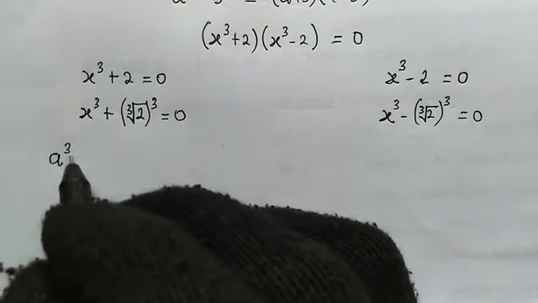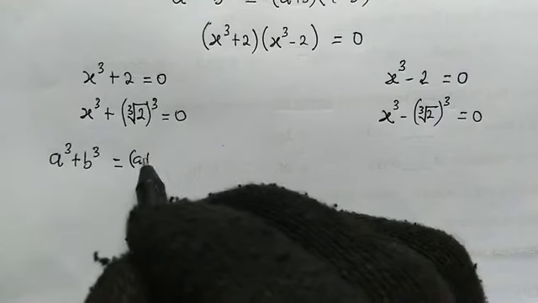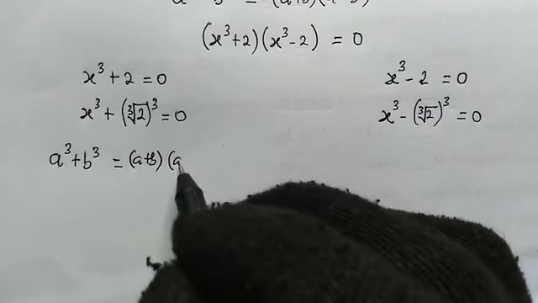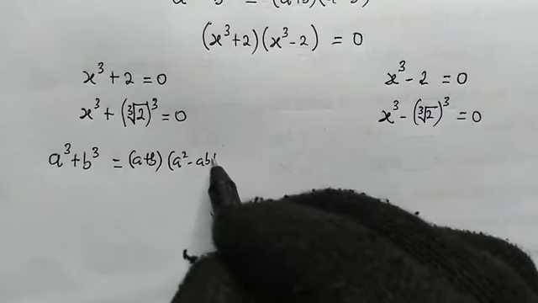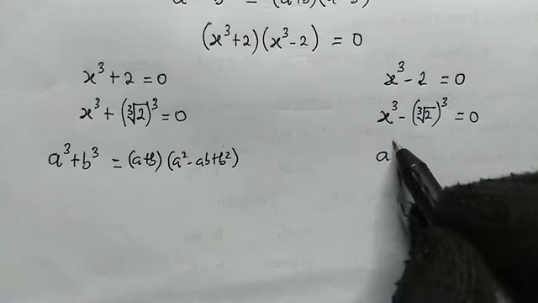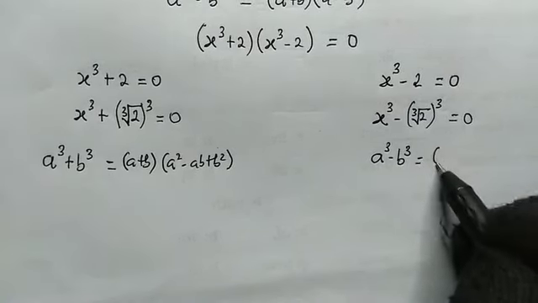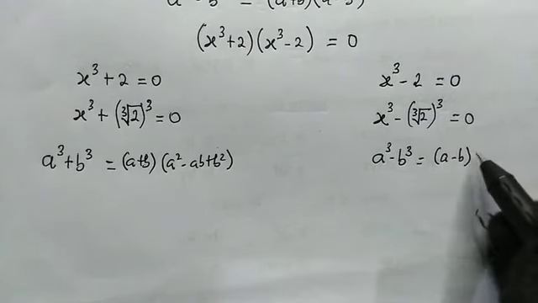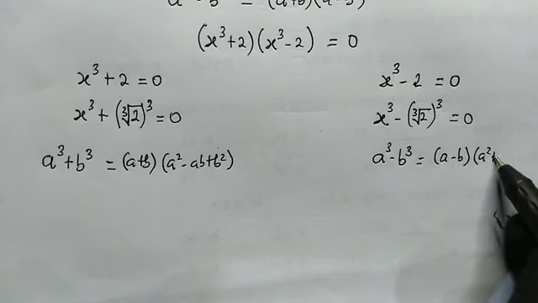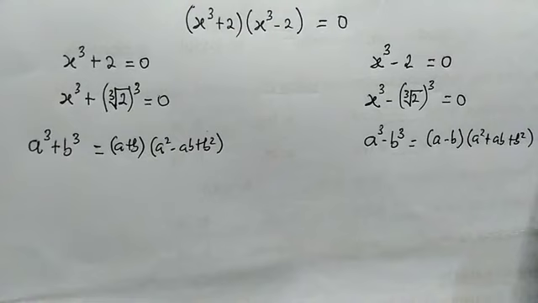We have a cubed plus b cubed is equal to a plus b multiplied by a squared minus ab plus b squared. And the difference of 2 cubes formula, a cubed minus b cubed, is equal to a minus b multiplied by a squared plus ab plus b squared, right?